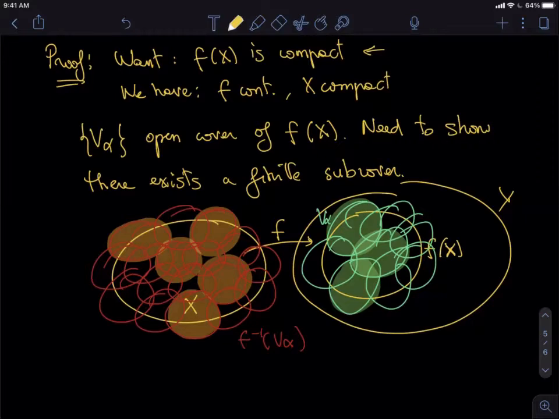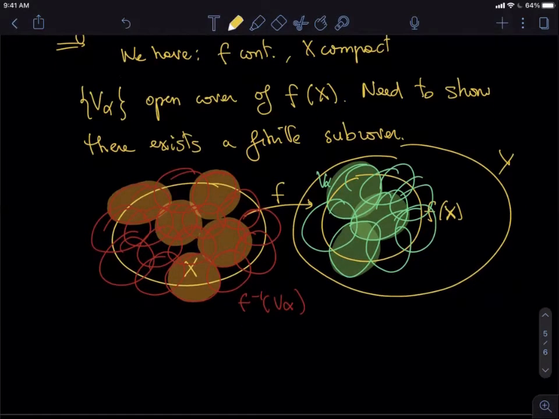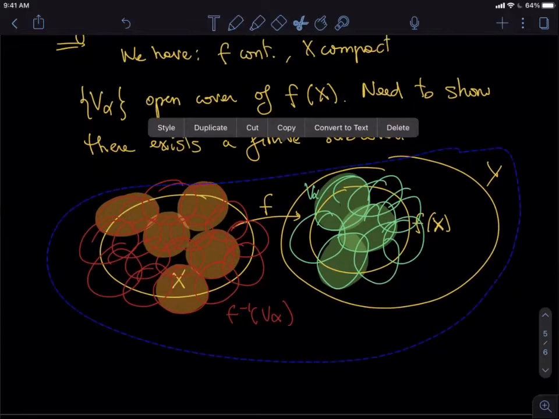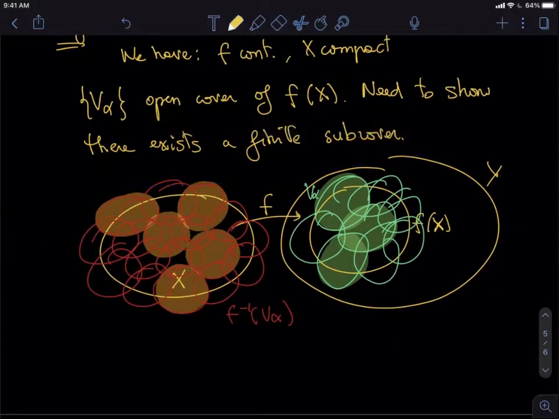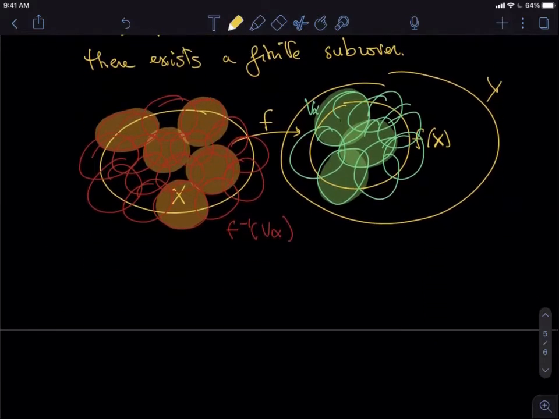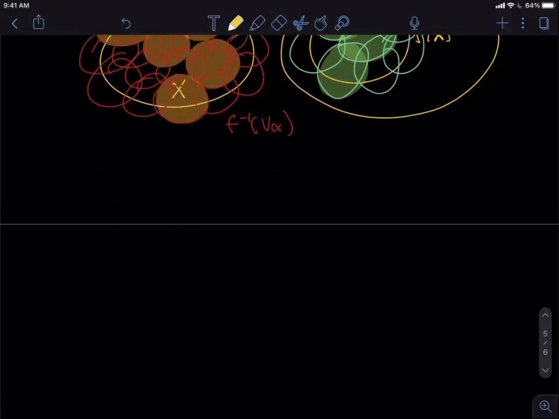Let's put the math here. We need to use the continuity to send the cover V alpha back to X. But how does that work? Notice here that because f is continuous, one of the most important properties of continuous functions is that the preimage of an open set is open.